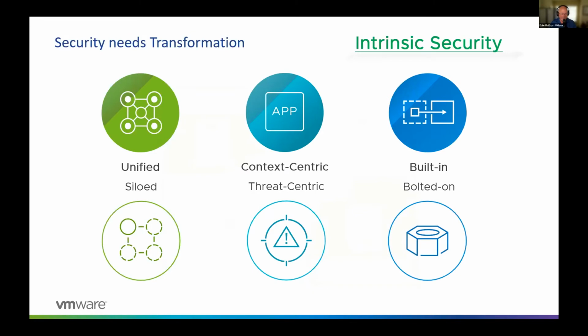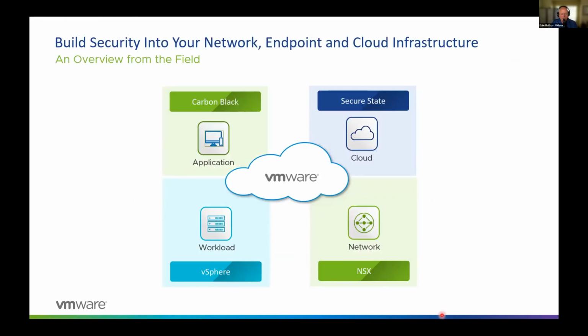It's unified, it's context centric, and it has a built-in feel, the sense that the product has the security capabilities built into it. We're going to look at 4 major areas today. We're going to look at Carbon Black. We're going to look at workloads, securing your workloads. We're going to look at the network using NSX. And last, we'll look at Secure State to secure your cloud environments.